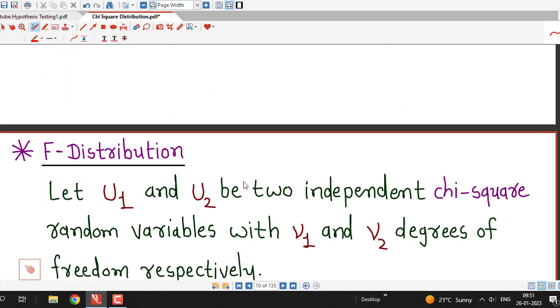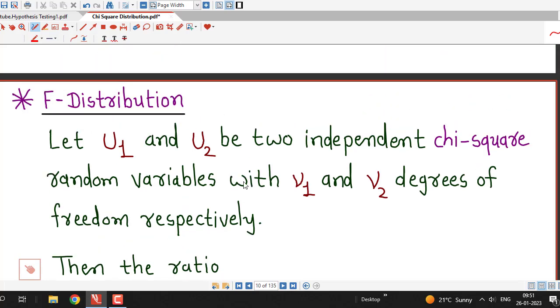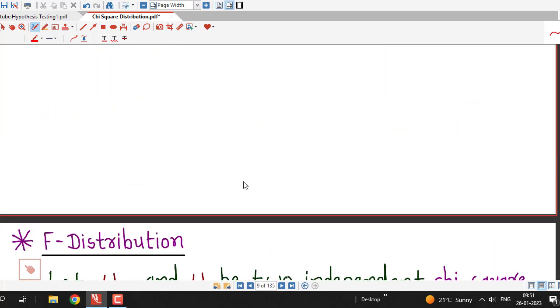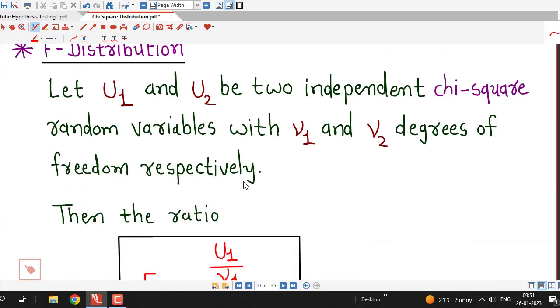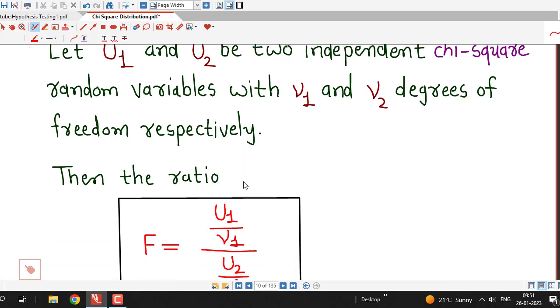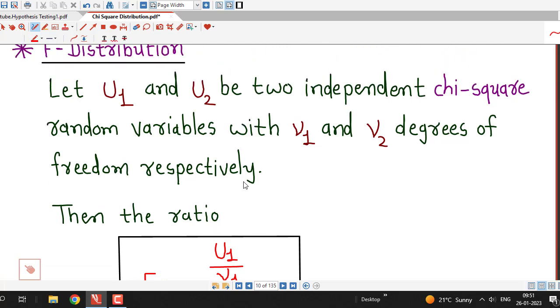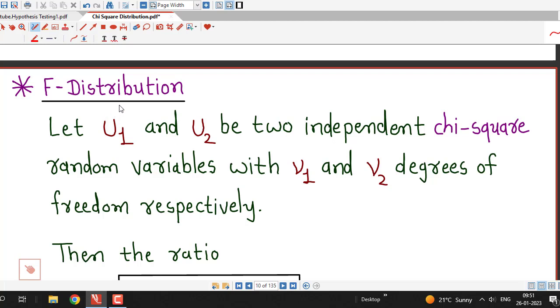So what you all have to understand is how F distribution is defined. F distribution is defined as the ratio of two independent chi-square random variables. Here I have written the formal definition of the F random variable or F distribution. Let U1 and U2 be two independent chi-square random variables with nu1 and nu2 degrees of freedom respectively.